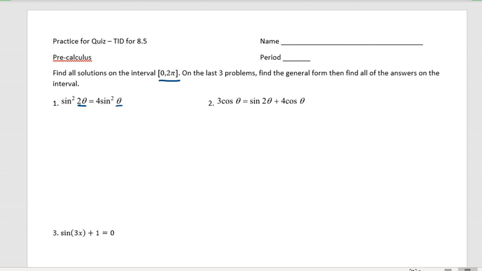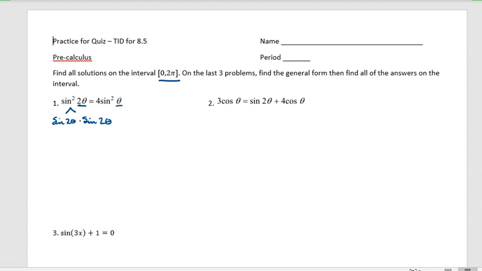So if I have 2 theta and this is squared, all this means is that I actually have sine of 2 theta times sine of 2 theta. Okay, first of all, that's what that means. Because I don't want to have 2 thetas anymore.